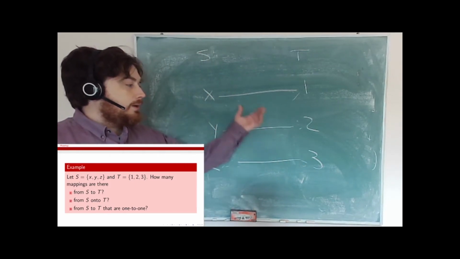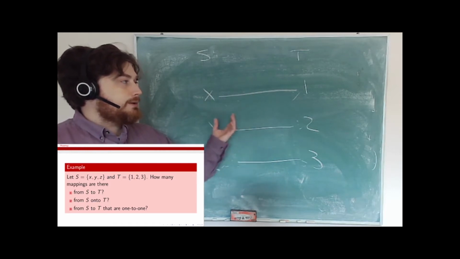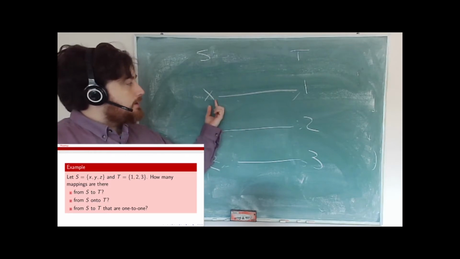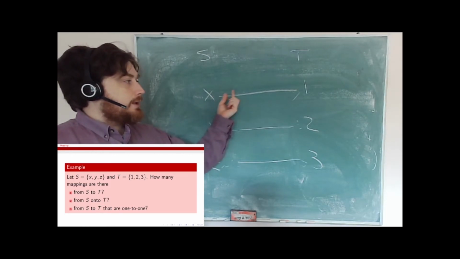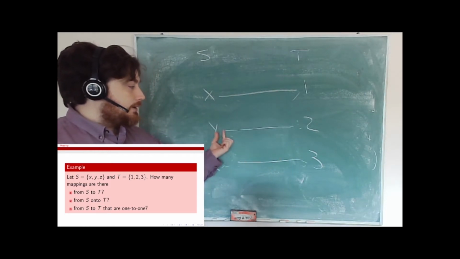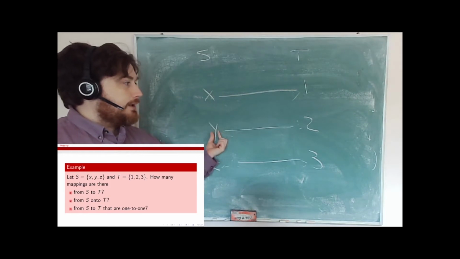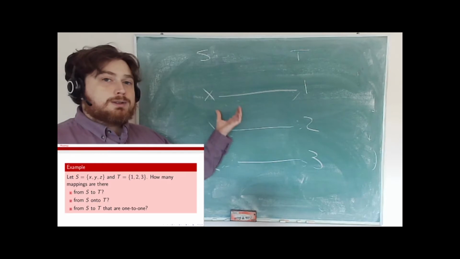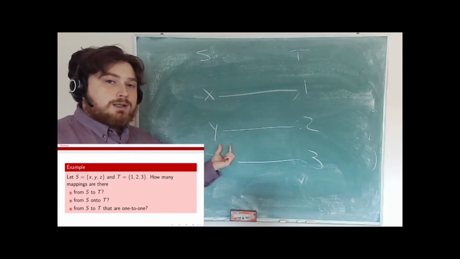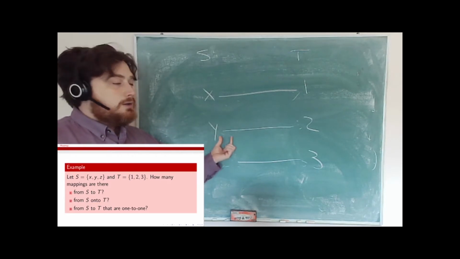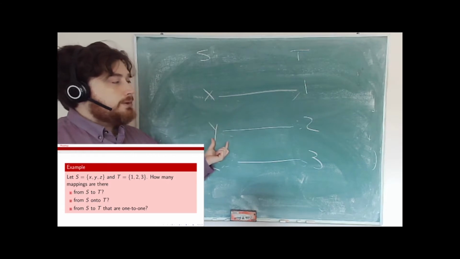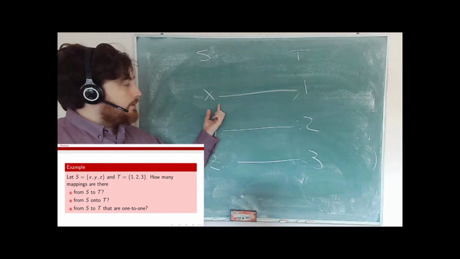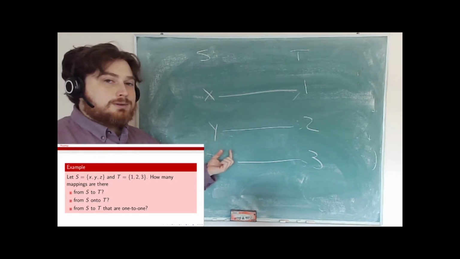Now, what happens here is if I want to determine all possible mappings, I would think, well, what are all of my options? So now I would start with X and I would have 3 options. And then Y would give me, based on X's option, 3 more options. So notice what I'm doing is I'm choosing something for X and then choosing the image for Y. So far I have 3 options and 3 options, so I use the multiplication principle from counting to say, well, I have 3 times 3 options.